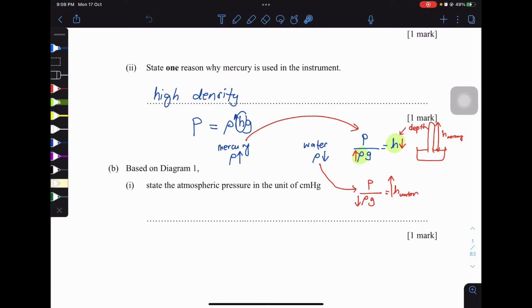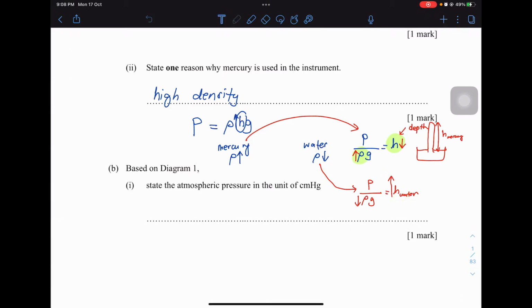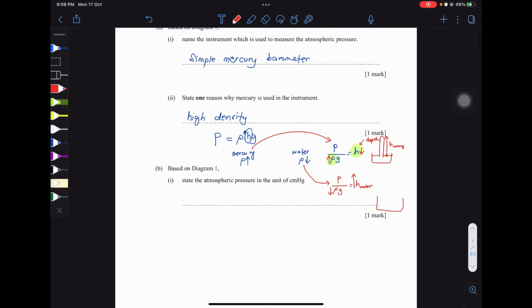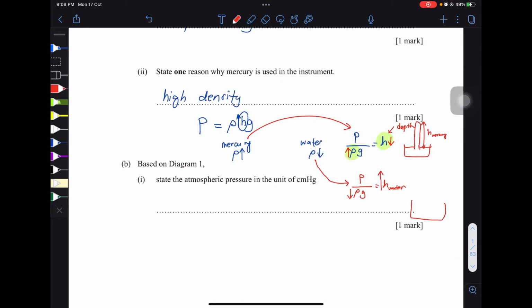What if we have water? Now from this formula again, if we have lower density, we need higher depth. So imagine if we have the barometer, that length is not enough. That length is not enough. So we need it longer.